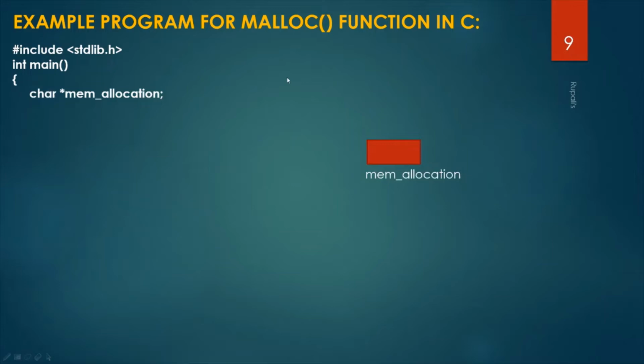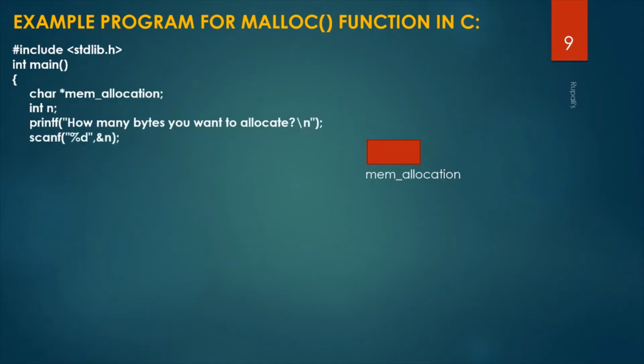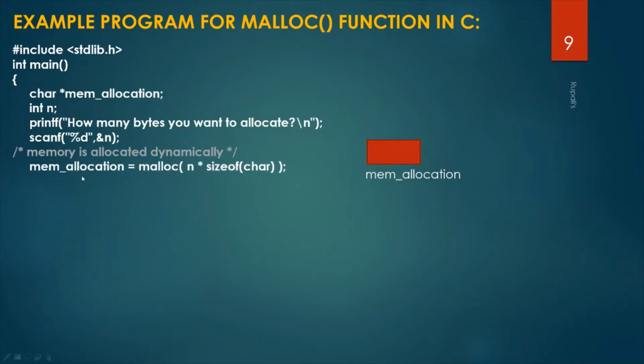Now we ask the user how many bytes he or she wants to allocate. So take that byte count n. Now you have to allocate the required memory dynamically, so you write mem allocation equals malloc n into sizeof char.